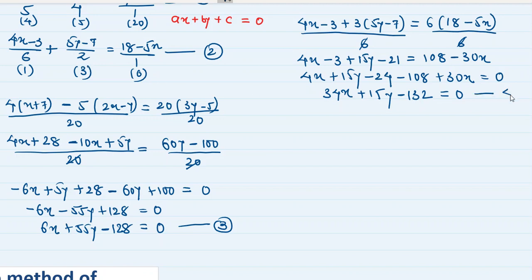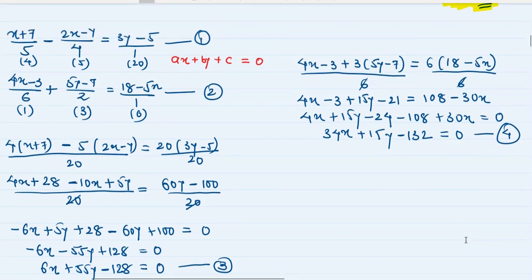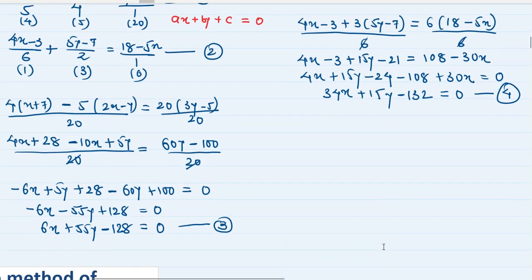I'm going to call it equation number 4. So now we don't have to focus on equation number 1 and 2. We have to focus on equation number 3 and 4, because they are the simplified versions of our original questions.